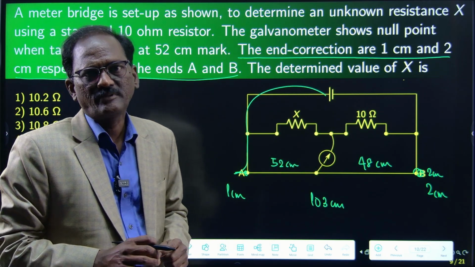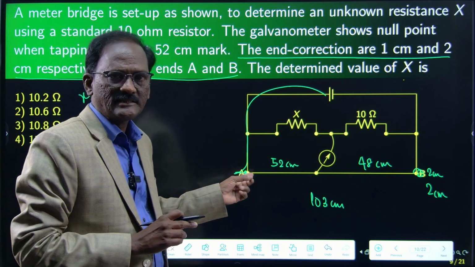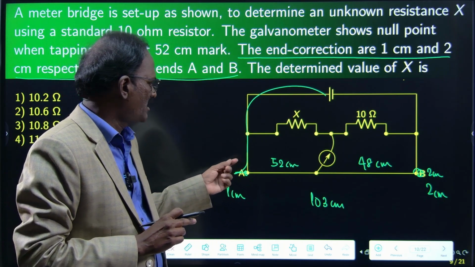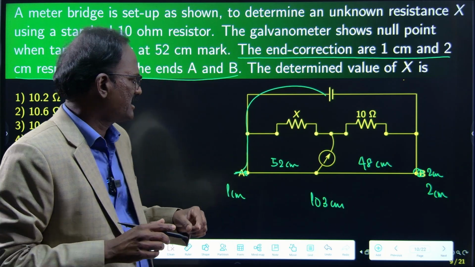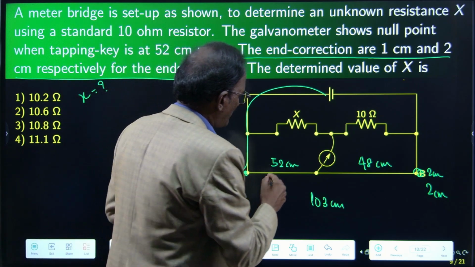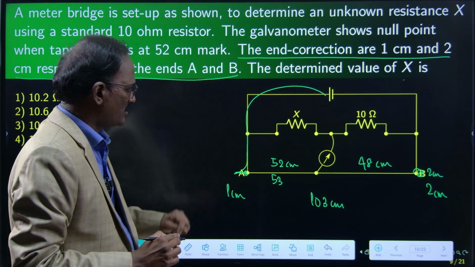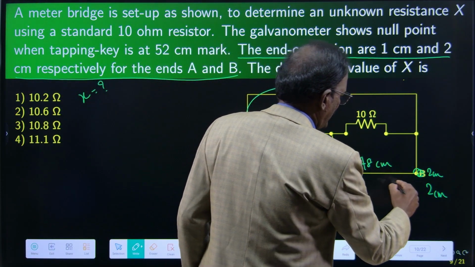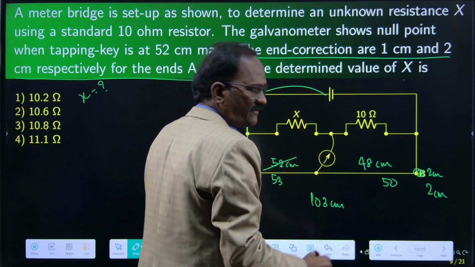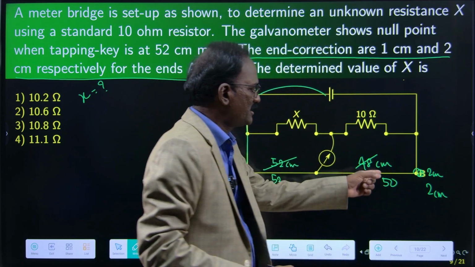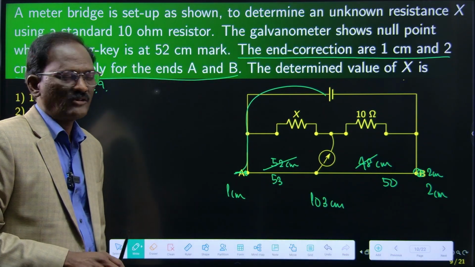The concept of meter bridge is having only 100 centimeter, but the end correction is also given in this problem. So the extra wire must be taken into account. So this side it is not 52 centimeter, it is 53 centimeter, 52 plus 1. Instead of 48 I must have 50 centimeter. So this is how end correction problem must be solved.